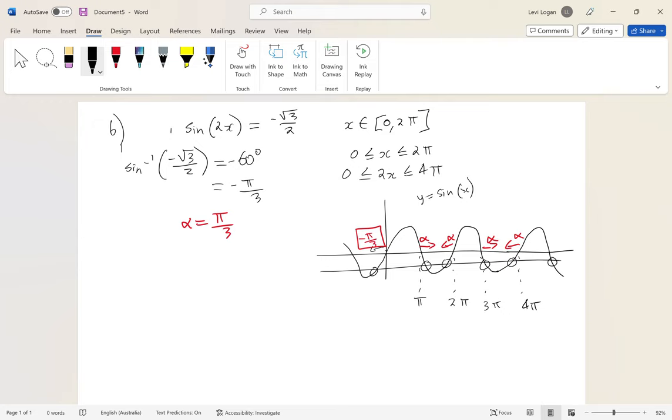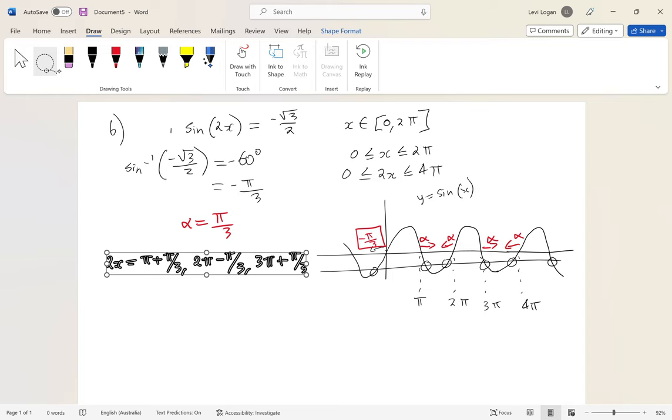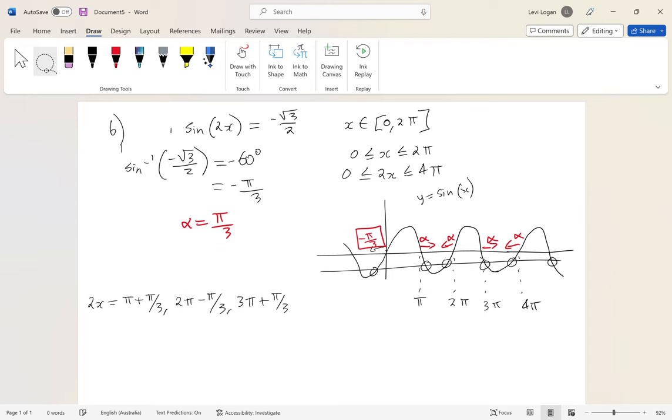So therefore 2x is equal to pi plus pi over 3, and it's also equal to 2 pi minus pi over 3, and it's equal to 3 pi plus pi over 3, and it's also equal to 4 pi minus pi over 3.